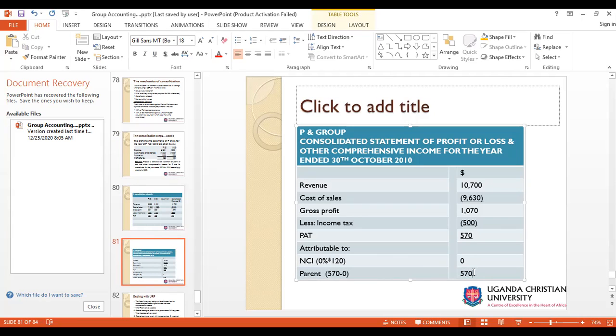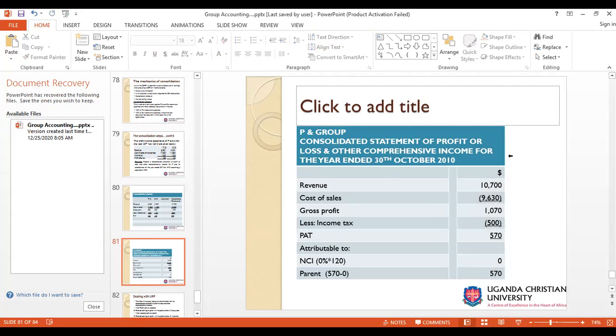So 570 is what is attributable to the parent. That is how we have attributed these consolidated profits. So that is our P and group consolidated statement of profit or loss and other comprehensive income. That is how we consolidate the income statement.